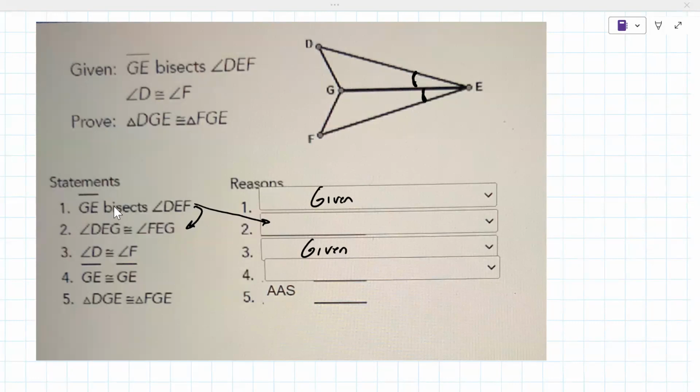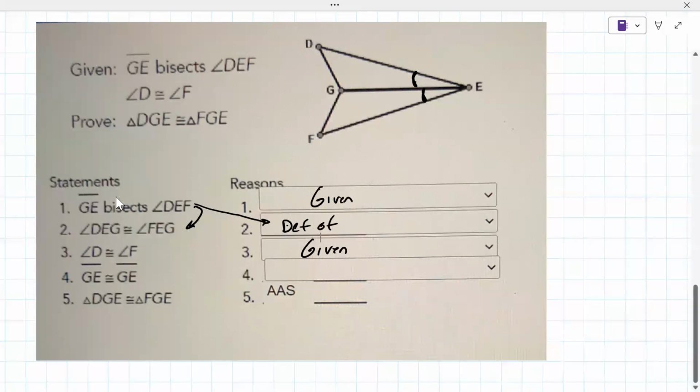The reason why GE bisects DE? No. That's given. The reason why the angles are congruent comes from the fact that it's bisected. What kind of words go there? Wouldn't it be the reflexive property, since G is in the middle between both of them? Your go-to is always definition of. Definition of congruence? Nope.